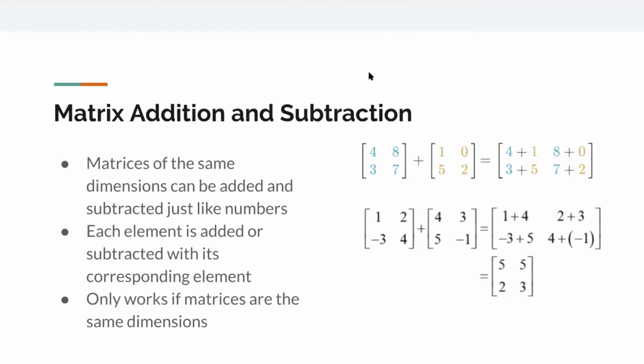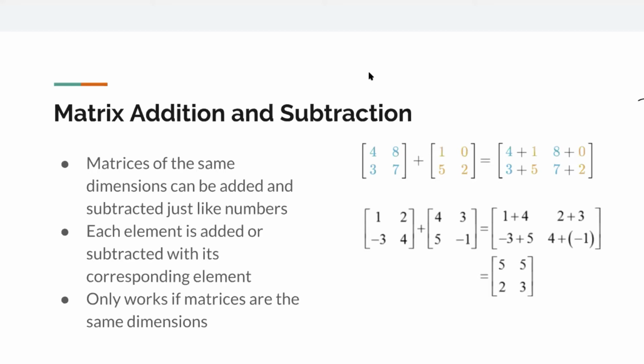Same thing applies for subtraction. If we were to subtract those two matrices, it would be 4 minus 1, 8 minus 0, 3 minus 5, and 7 minus 2. So that's 3, 8, -2, 5. Then you get a 2 by 2 matrix as the output because it's the same dimensions and it's element-wise operations.